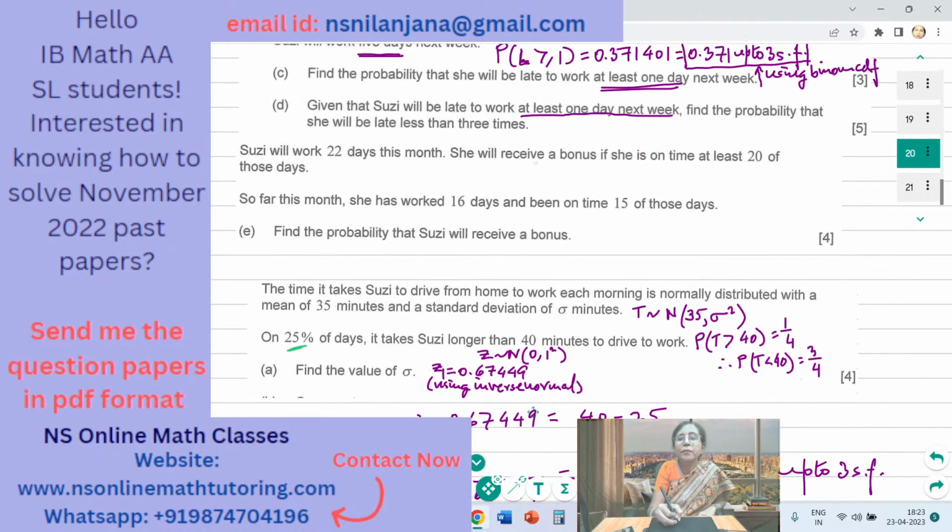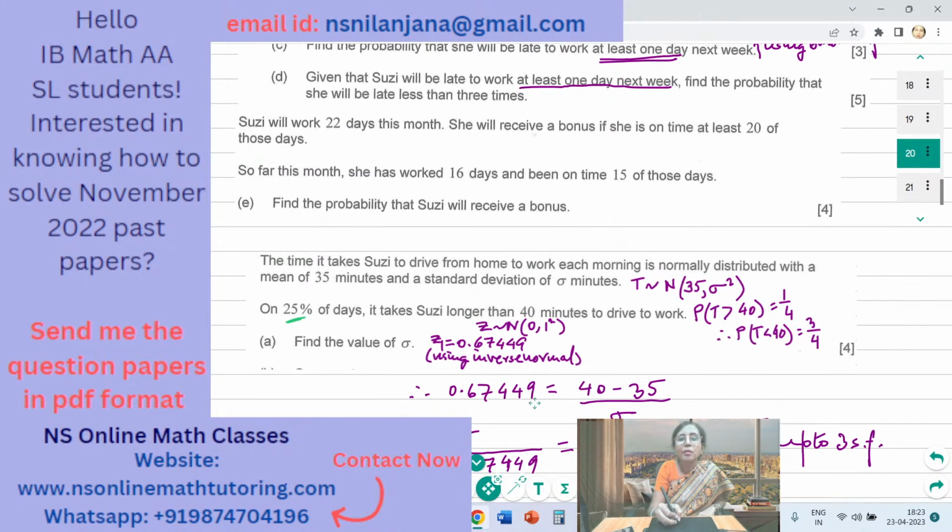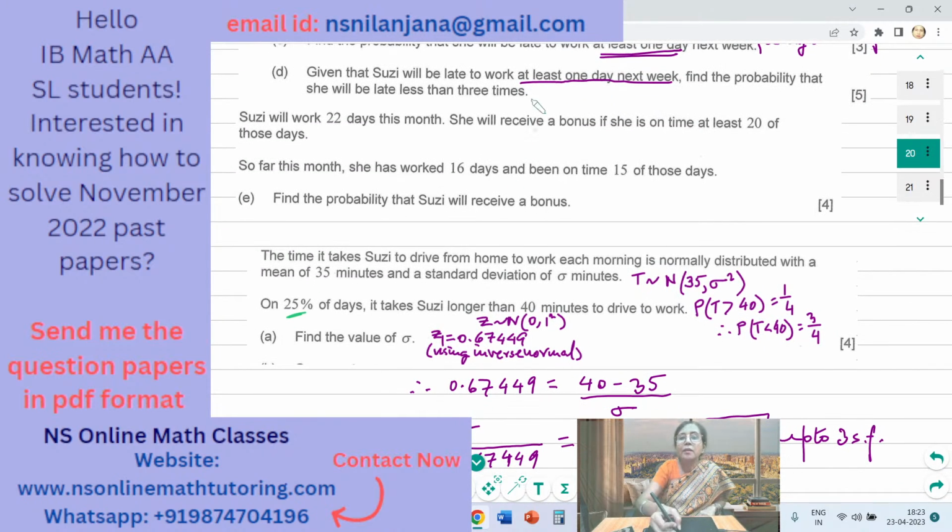It is containing 5 marks, so I have to write everything, starting from this. P of L less than 3 given L is greater than or equal to 1. You have to write this part because it is containing 5 marks, so don't skip it.